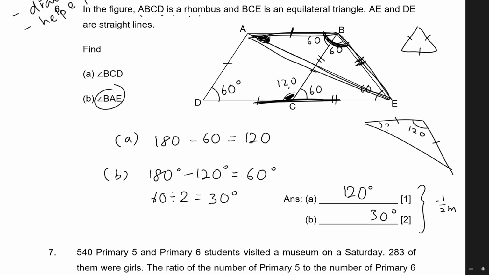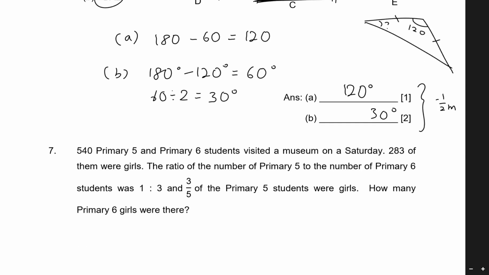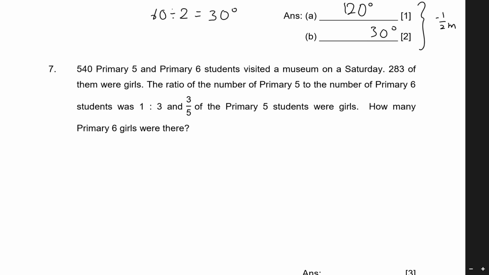Okay. Question number 7. We have got these primary 5 and primary 6 students. You have 540 and they refer to primary 5 and primary 6. They visited a museum on Saturday. 283 of them were girls. The ratio of the number of primary 5 to the number of primary 6, P5 to P6, is 1:3.